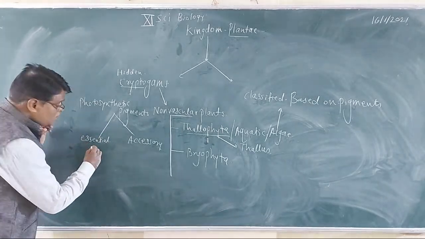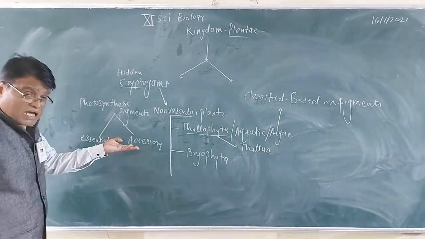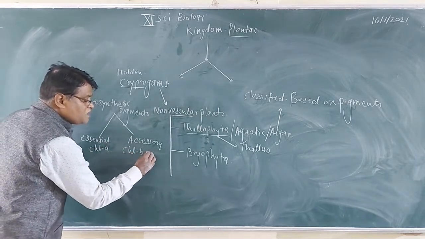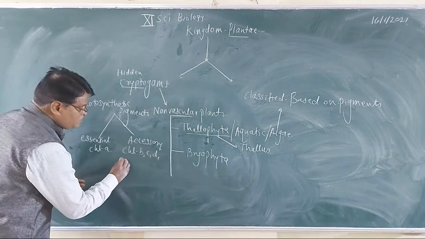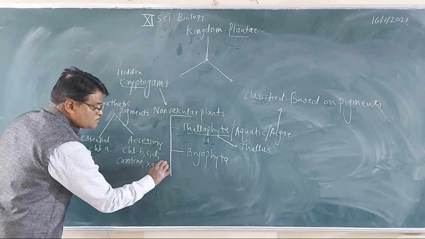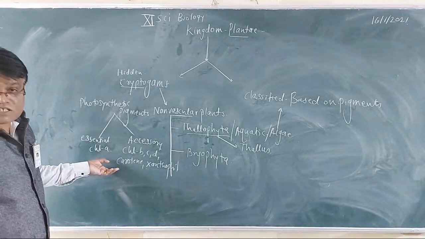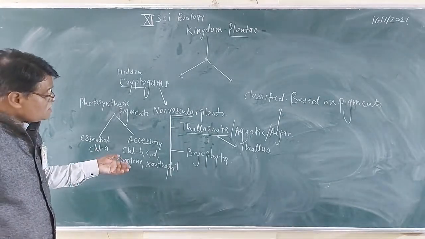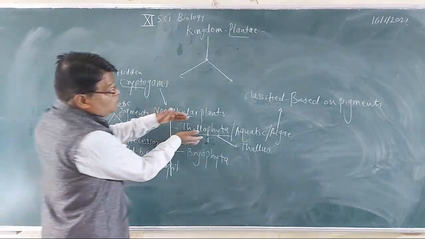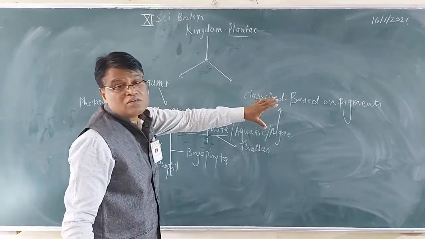Essential pigment in the case of chlorophyll A, the green pigment, isn't it? And accessory pigments are chlorophyll B, C, D, then carotene, xanthophyll, then phycoerythrins. These are the accessory pigments. In the case of thallophytes, meaning algae, they are classified based on pigment.